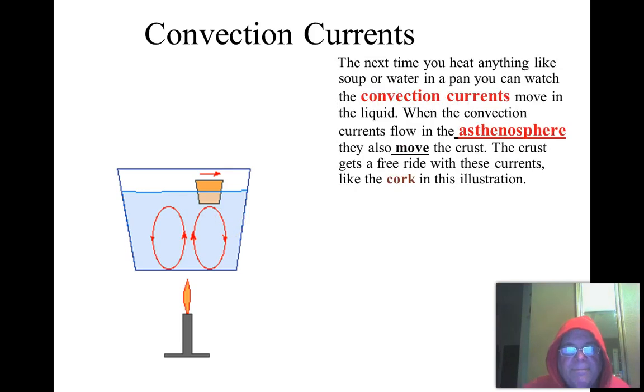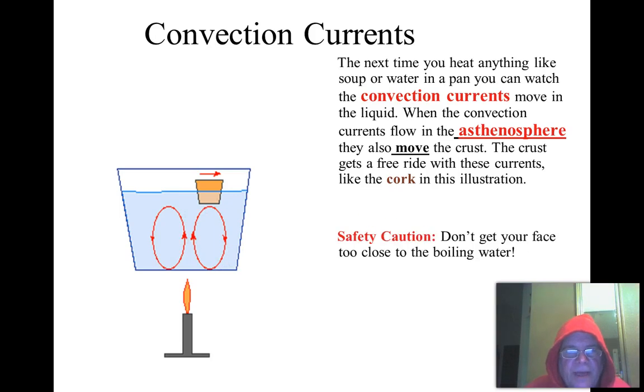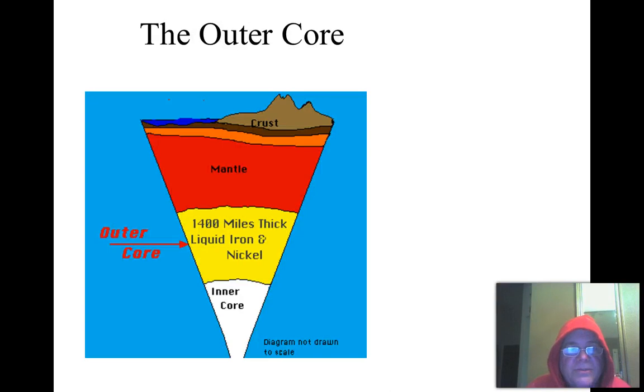And that's called a convection current, and it just shows how the asthenosphere, which would be the liquid part, circles there, and as it does, it moves the plates with it. Now, this can happen in air too. When you have hot air, it rises, cools, and comes down, and you get a convection current there. So when we actually do that, be careful with the boiling water, don't get it too close to your face.